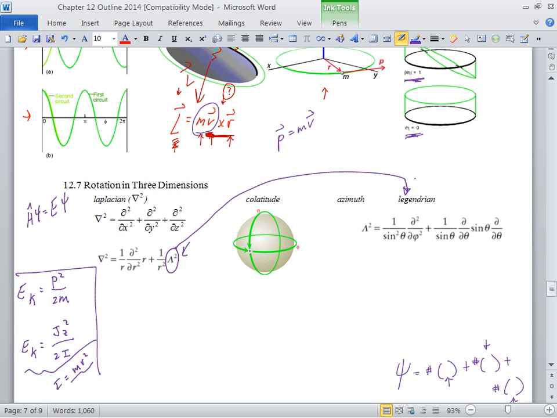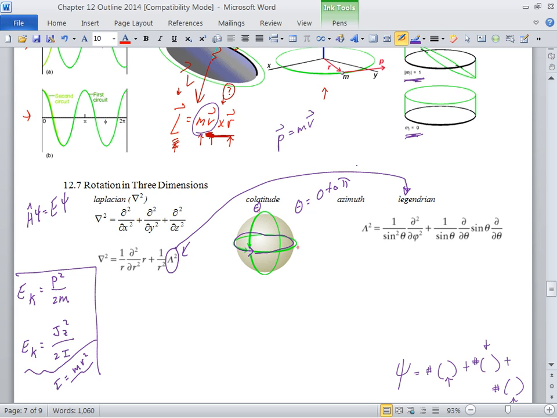So we're just kind of introducing a third dimension. So here's the one we had before, right? Phi going from 0 to 2 pi. Now we're introducing theta. Theta goes from what to what? 0 to pi. All right? And r goes from 0 all the way out to infinity, whatever you want.